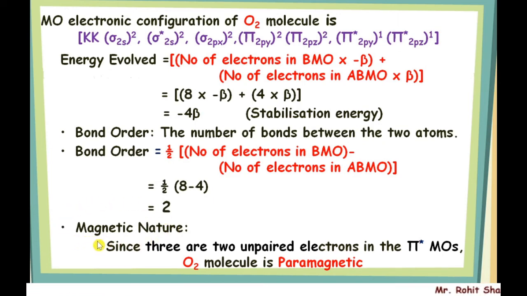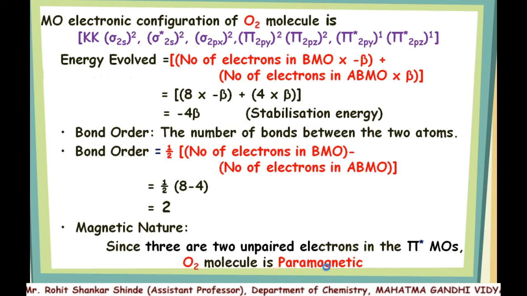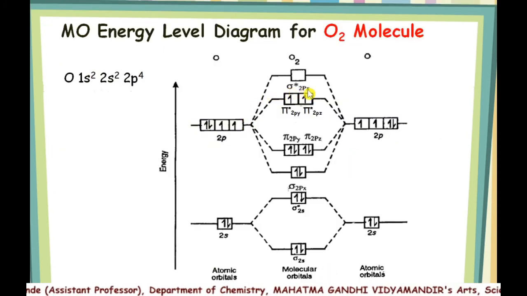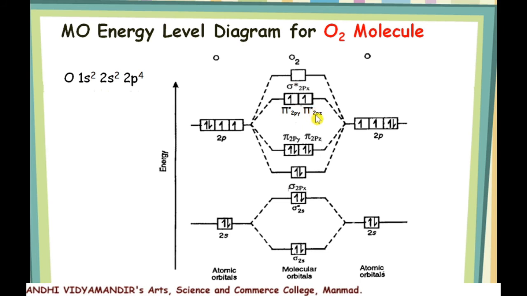Magnetic nature. Since there are two unpaired electrons in the pi star molecular orbital, the O2 molecule is paramagnetic. Let us see the diagram. So there are two unpaired electrons, one in pi star 2py and one in pi star 2pz.